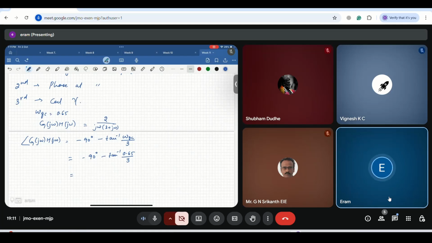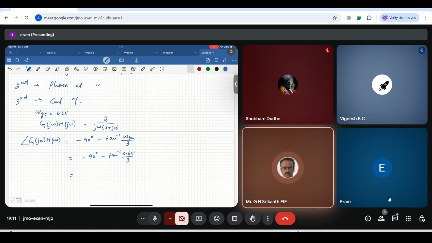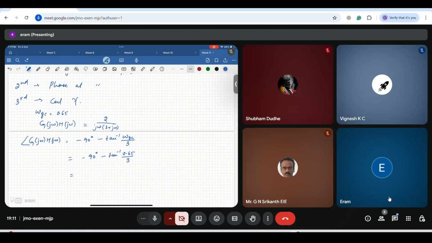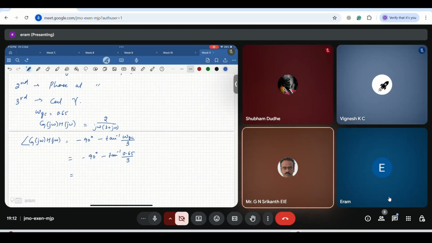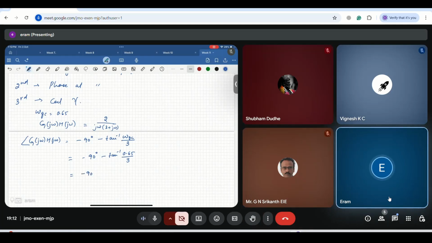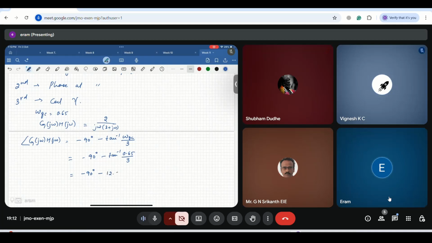How much will you get? So you will get minus 90 minus 12.2 degrees.